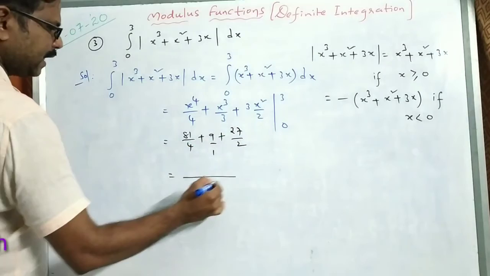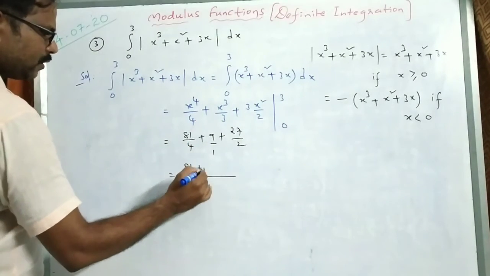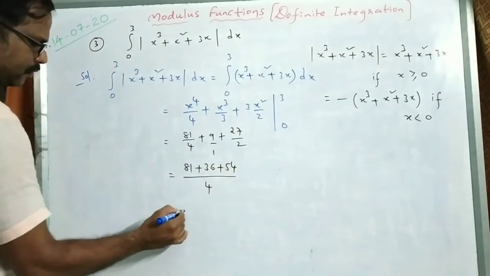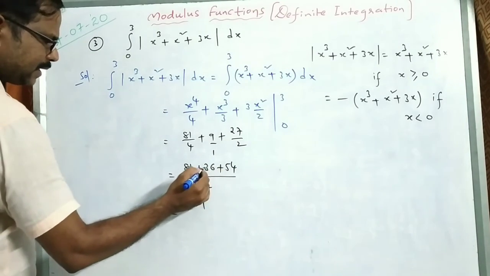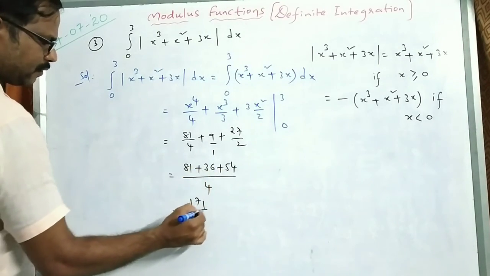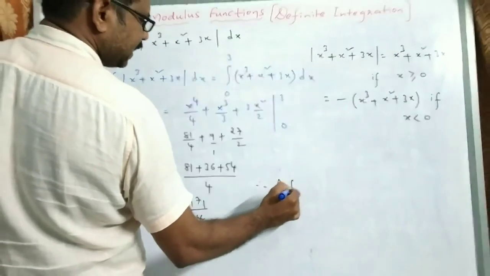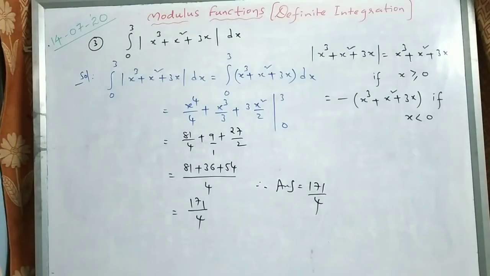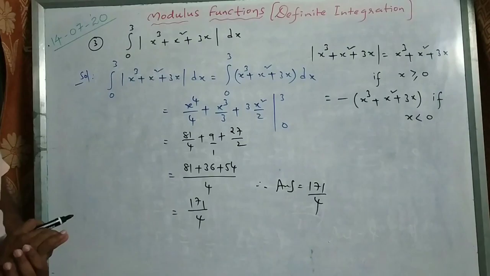Okay, LCM 4: 81 plus 36 plus 54, so 171 by 4. Therefore the answer is 171 by 4. That's all for today. Let us see some more problems in the next class. Thank you.